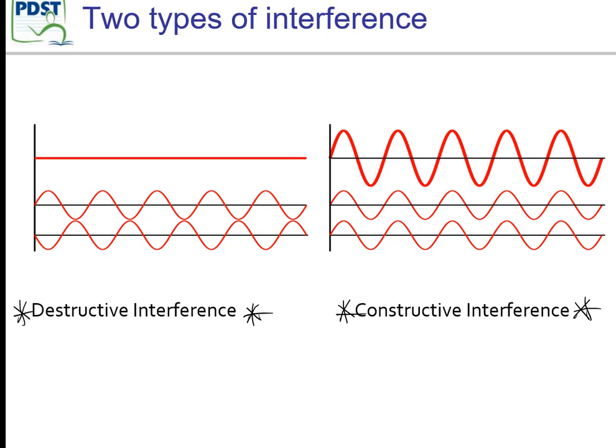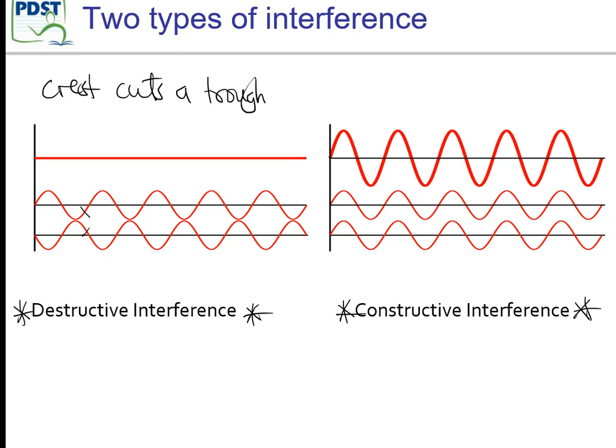This type of interference, destructive interference, a crest cuts a trough. That is destructive interference. So you can see that here we have a crest here and we have a trough here.